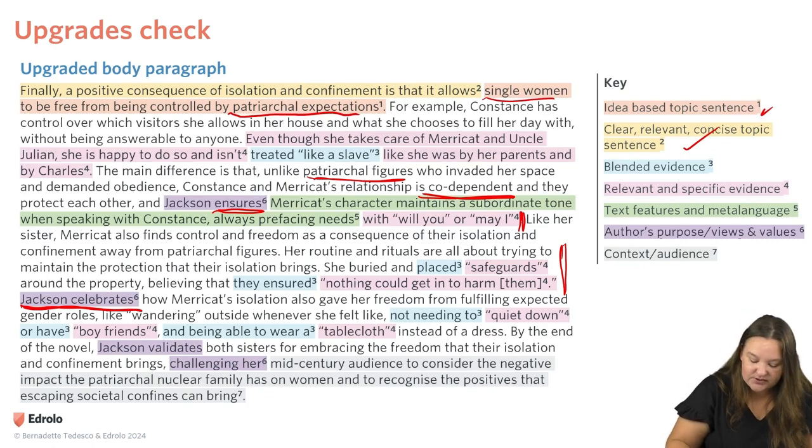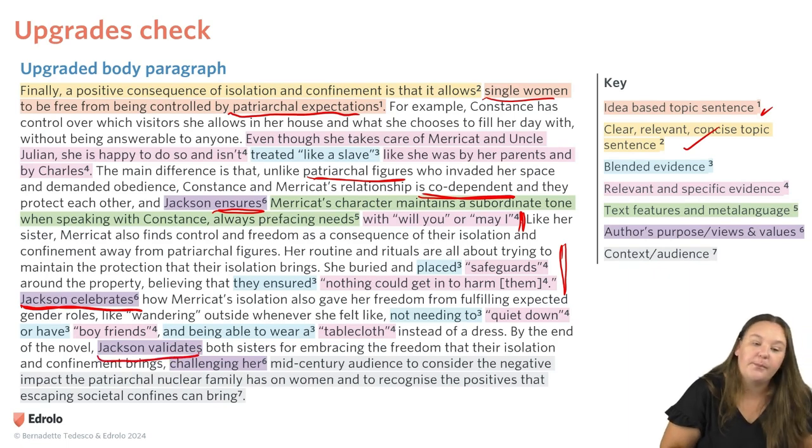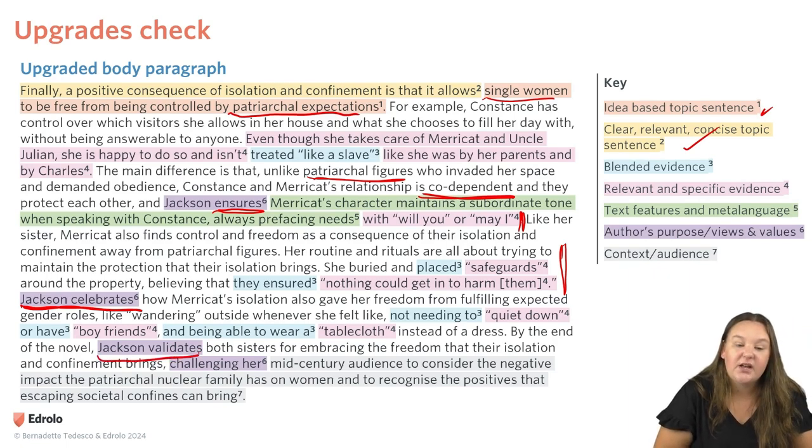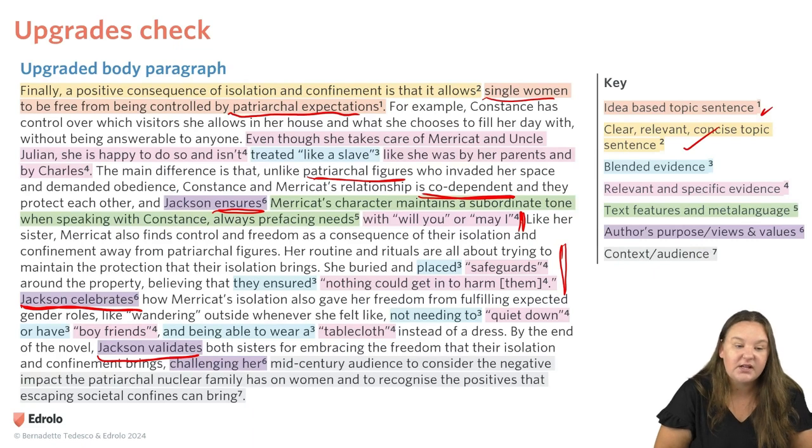By the end of the novel, Jackson validates both sisters for embracing the freedom that their isolation and confinement brings, challenging her mid-century audience to consider the negative impact the patriarchal nuclear family has on women and to recognise the positives that escaping societal confines can bring.